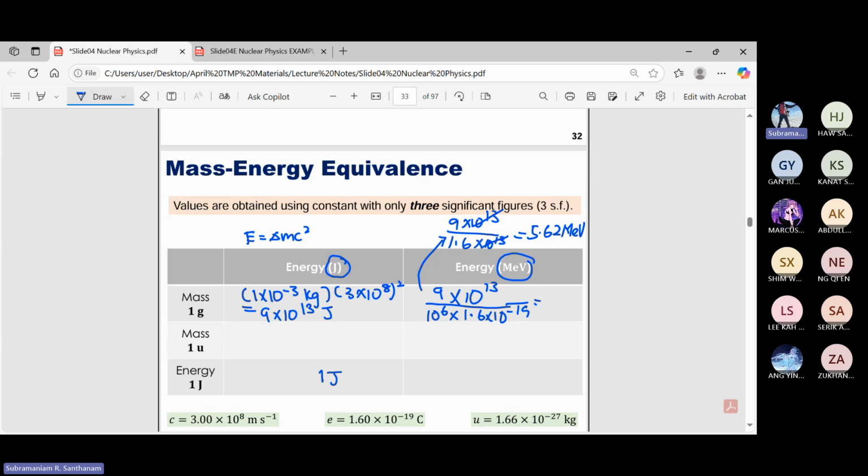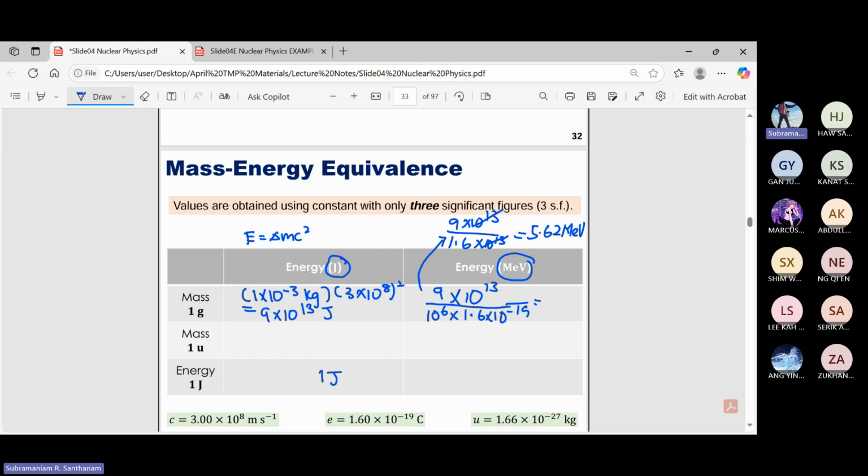If it is just, say, 1.6 eV, for example, and you change to joule, then you multiply by 1.6 times 10 power of minus 19, and that gives joule.